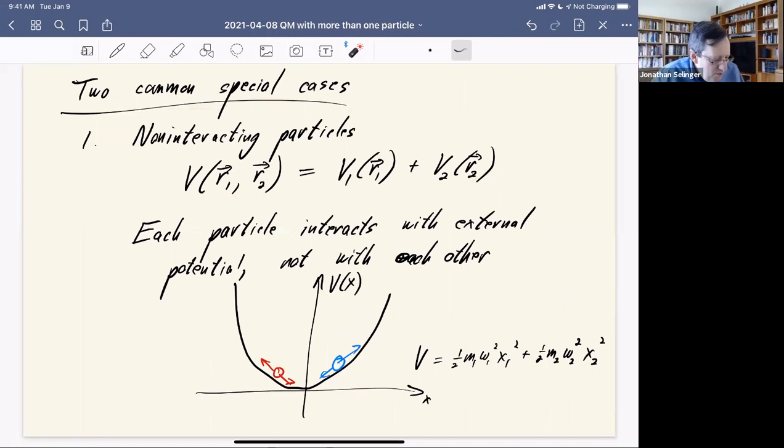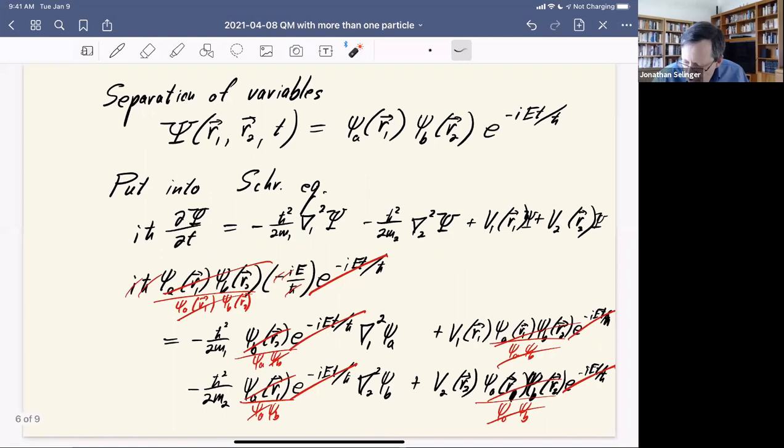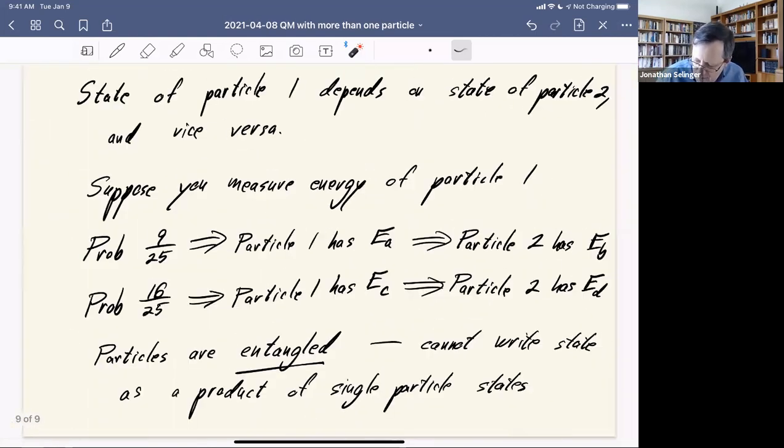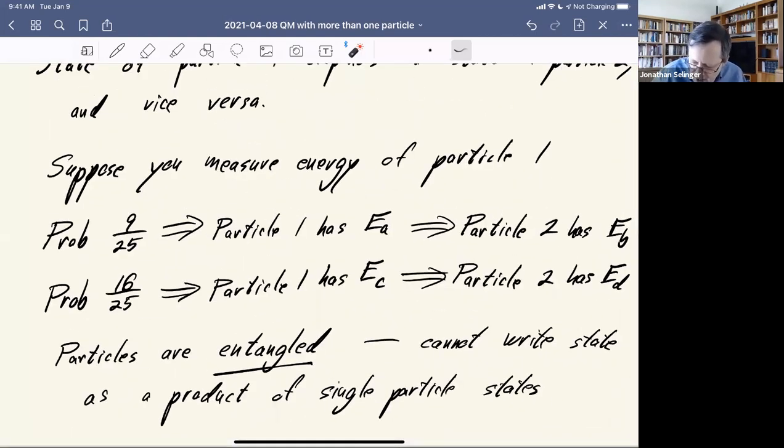Now, in real life, it can be way more complicated than that, right? In real life, the potential energy often is not just the sum of a potential energy for particle 1 plus a potential energy of particle 2. So I'll just mention that, even though I won't actually calculate anything.